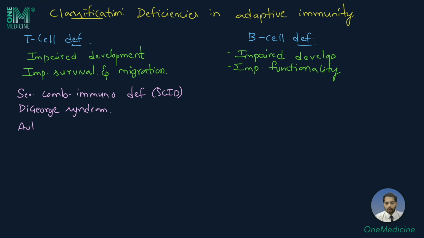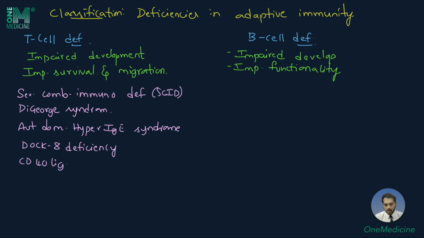Other examples include autosomal dominant hyper IgE syndrome, DOCK8 deficiency, CD40 ligand deficiency, Wiskott-Aldrich syndrome, ataxia telangiectasia.